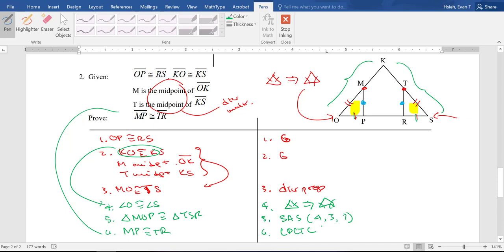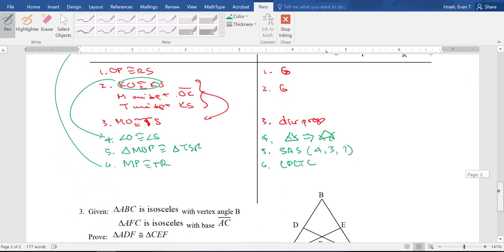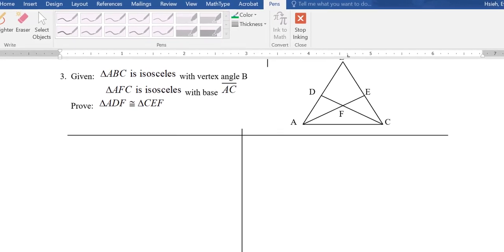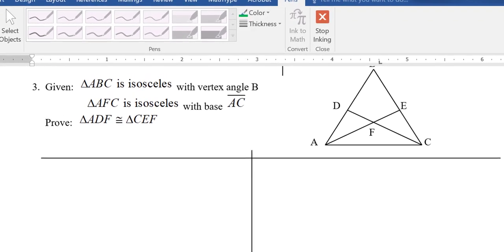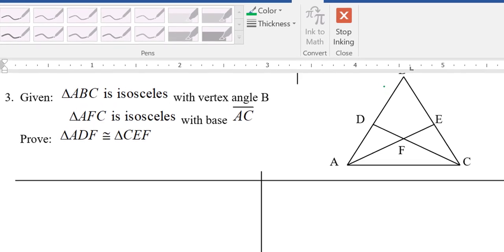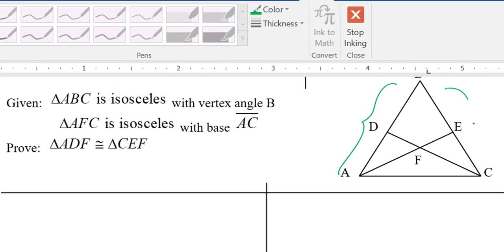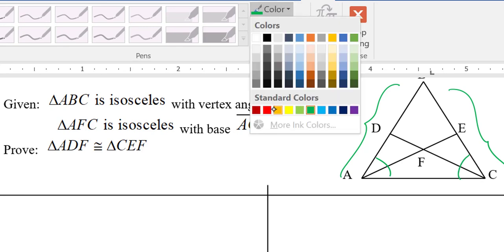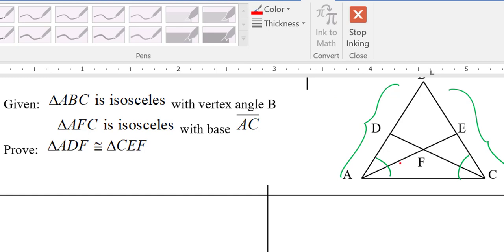Okay, let's try one more problem. Let's try the proof down at the bottom here, proof number 3. It starts out with isosceles with a vertex angle of B. So I know these sides are congruent, and I know that the base angles are congruent to each other. And I know this is isosceles here, so this is congruent to this, and these base angles are congruent to each other.